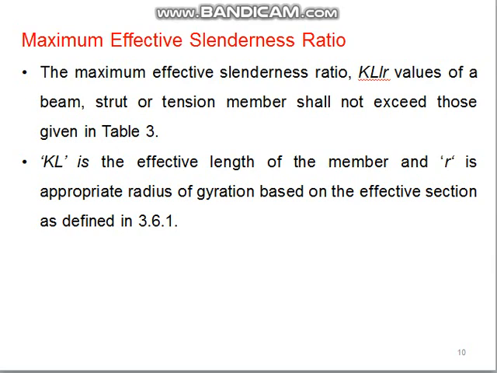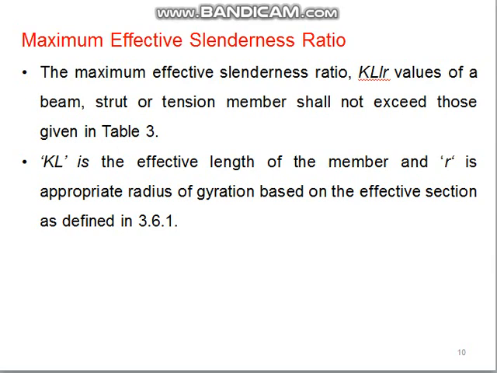The slenderness ratio of a tension member is the ratio of its unsupported length L to its least radius of gyration r. IS 800-2007 specifies the maximum effective slenderness ratio to be the ratio of the effective length KL of the member to the appropriate radius of gyration r.